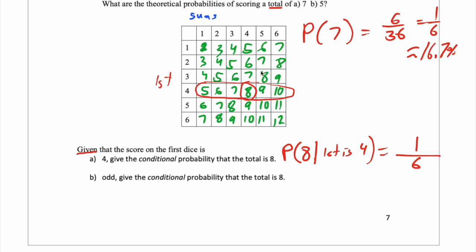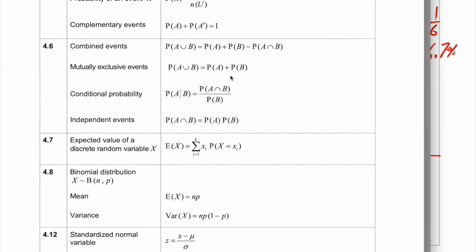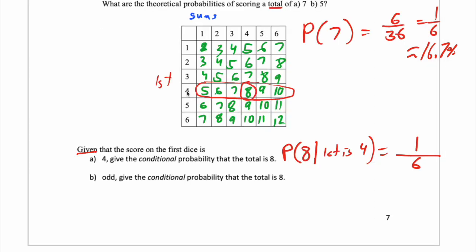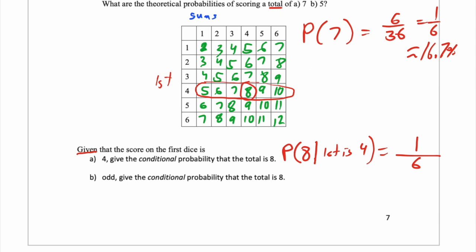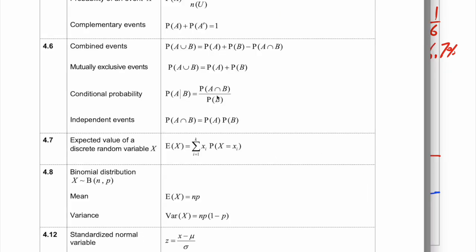You can also use a formula in your IB formula booklet. The probability of an event A happening given that B has occurred is the probability of A and B divided by the probability of B. Look at the denominator, the probability of B. That's the probability that a 4 has occurred, which is why there's a 6 there. Let's work it out with the formula. In the formula you have a probability in the numerator and denominator, not just the number of outcomes.